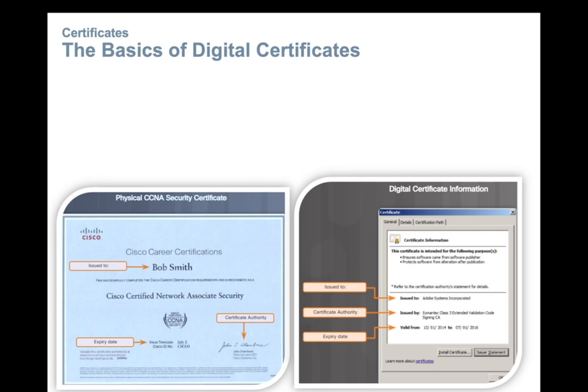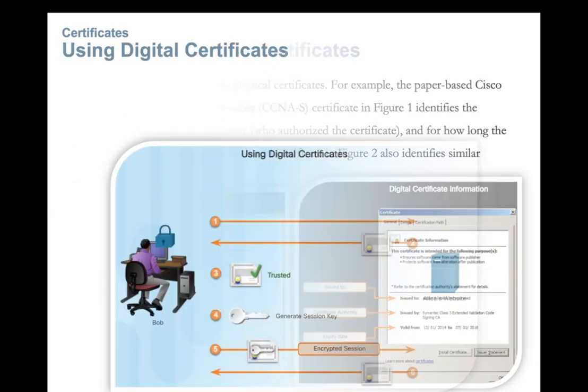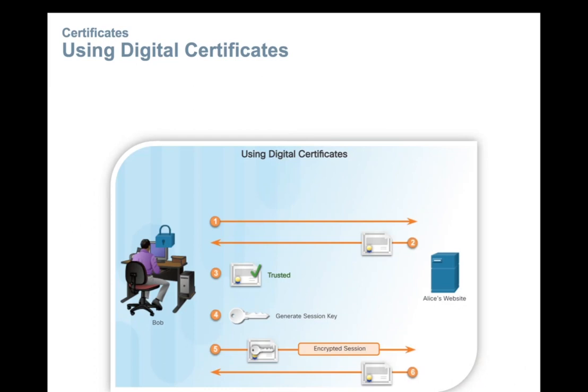Now, how is it going to be used? Refer to this figure, step by step, from step 1, step 2, step 3, and so on, up to step 6. This figure helps us understand how digital certificates are used to authenticate a person or entity.